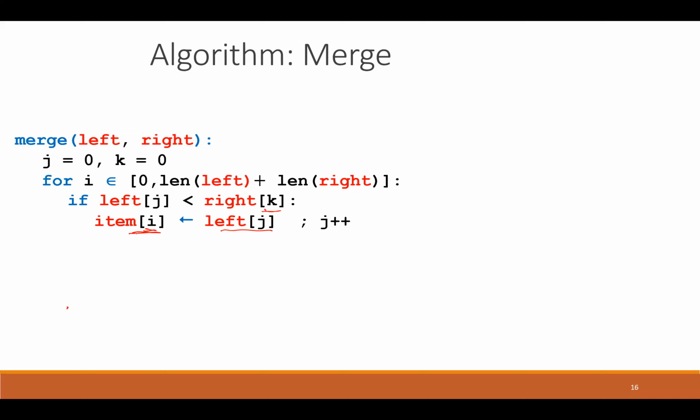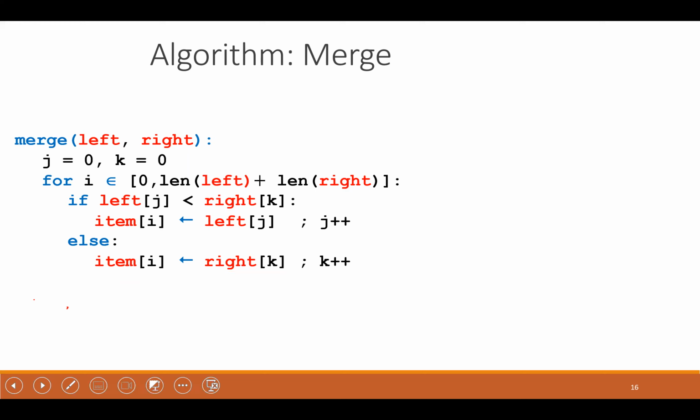So I copy that element in there and I increment that pointer. Otherwise, I know that right is less than left. Well, they could be equal also, but if they're equal, then I copy one arbitrarily. It doesn't matter which one. So I copy right. K is the current position of right. I copy that into the next position of the list, and I increment the K pointer.